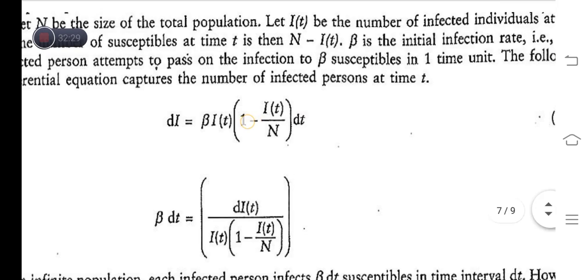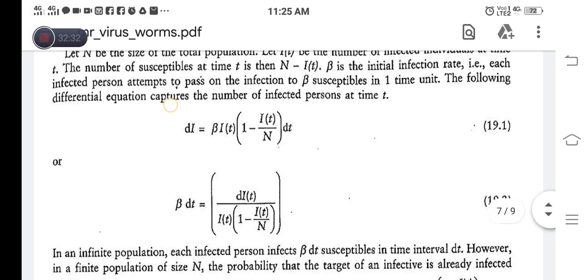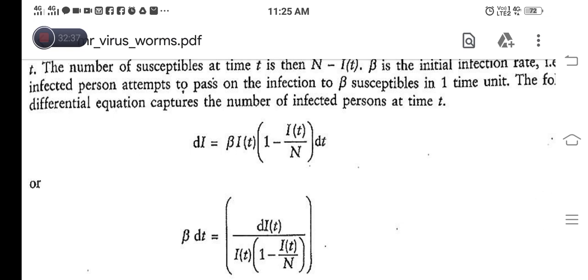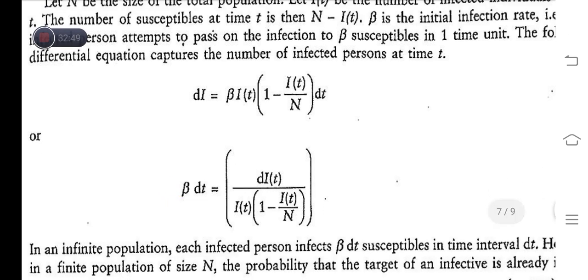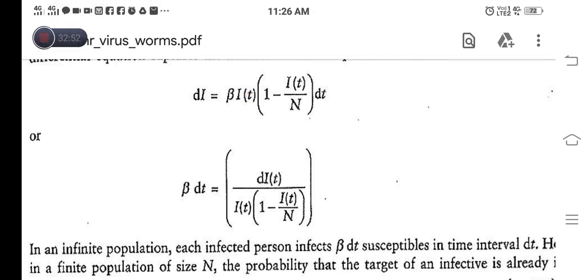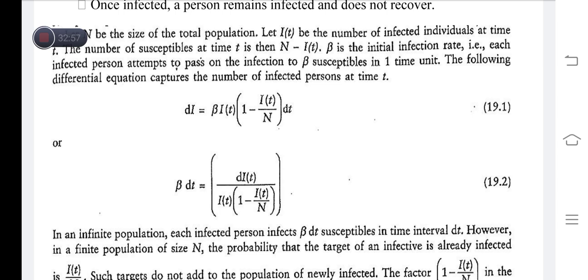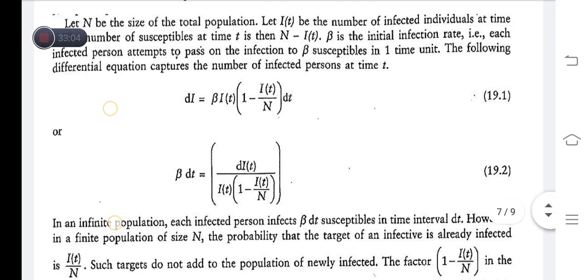Okay, so from this we have beta dt. Beta is the initial infection rate, that is, the infected person attempts to pass on the infection to beta susceptibles. So beta dt equals, from the first equation, dI divided by I of t into 1 minus I of t divided by N. This is equation 19.2.